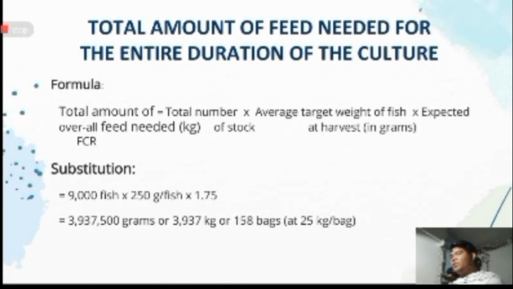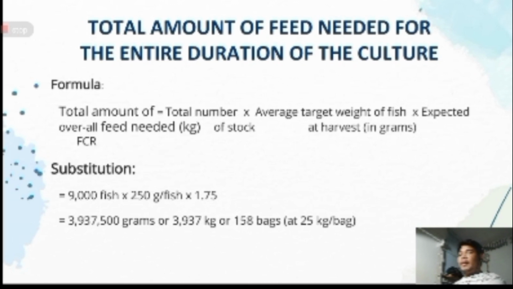Next is the total amount of feed needed for the entire duration of the culture. The formula is total number of stock times the average target weight of the fish at harvest times the expected FCR. So we will just input our variables here. 10,000 fish as our total number of stock, then 250 grams as our average weight, then expected FCR will be 1.75.